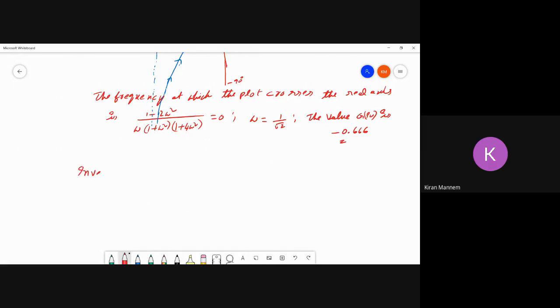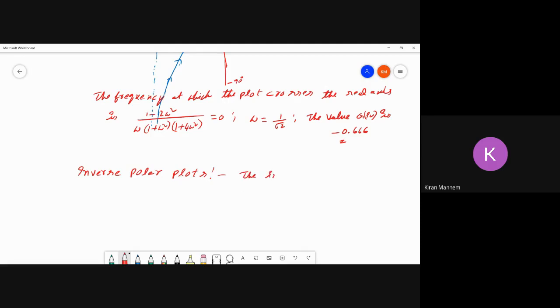Very simple. Inverse polar plots. The inverse polar plot of g of j omega is a graph of 1 by g of j omega as a function of omega. Very simple.